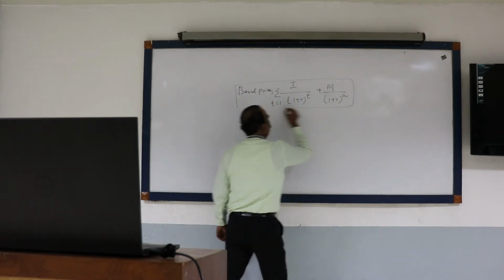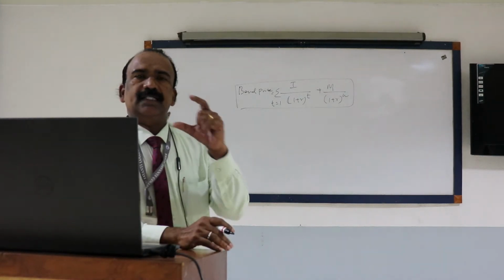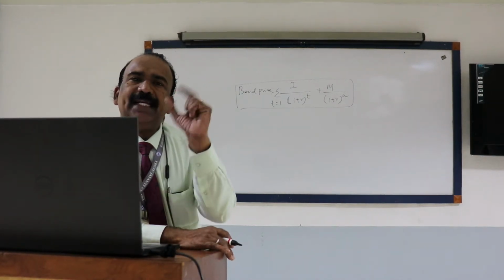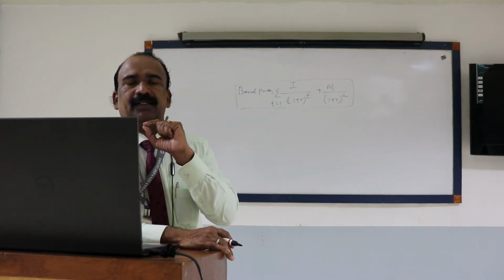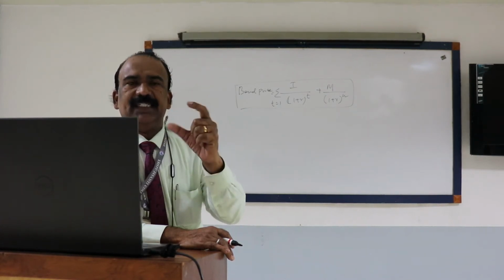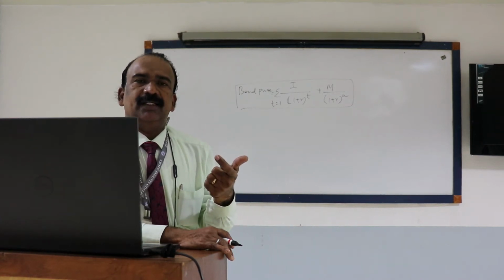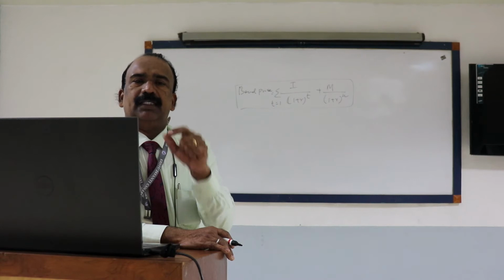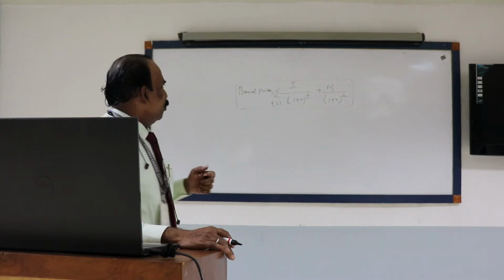I repeat: bond price is equal to sigma I divided by (1 plus R) power t, t equal to 1, so first year, second year, third year, plus M divided by (1 plus R) power n. Here R means the required rate of interest and M is the maturity value.